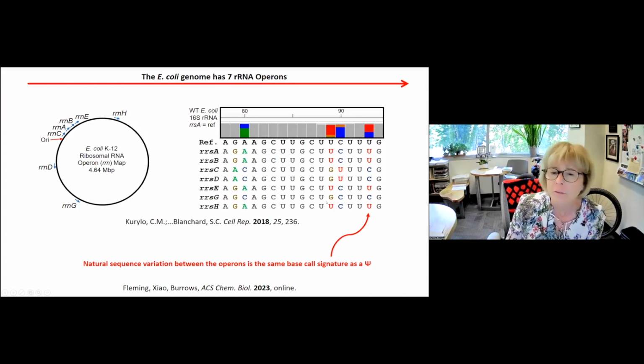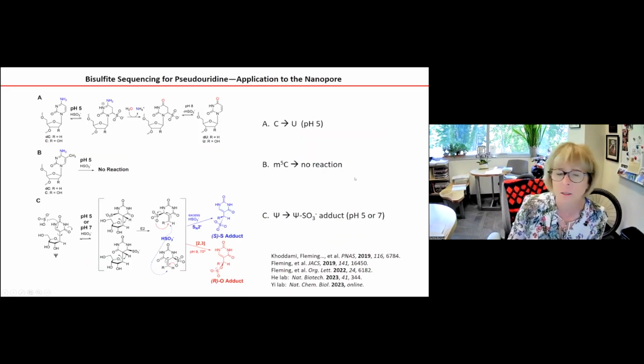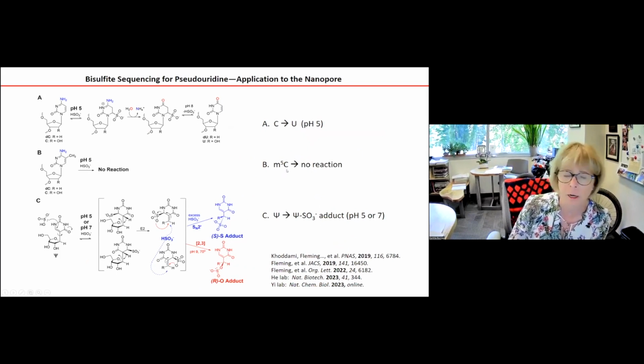Okay, and so from this interesting point about the CU signature, I want to just remind everybody about the chemistry that comes out of bisulfite sequencing. You remember that C is converted to U by bisulfite, and 5-methyl-C does not react.